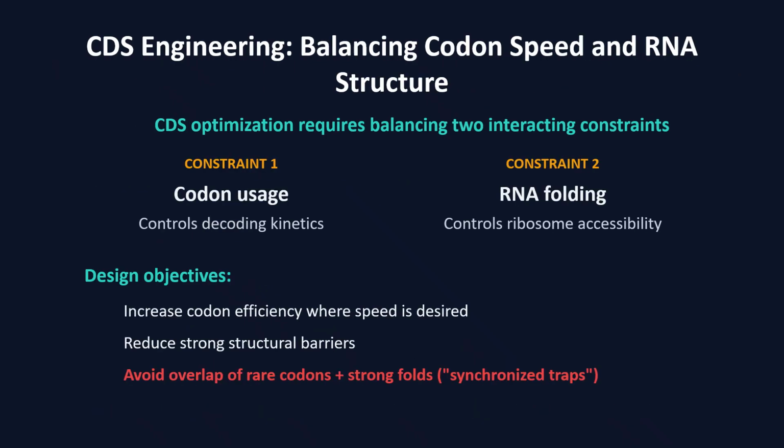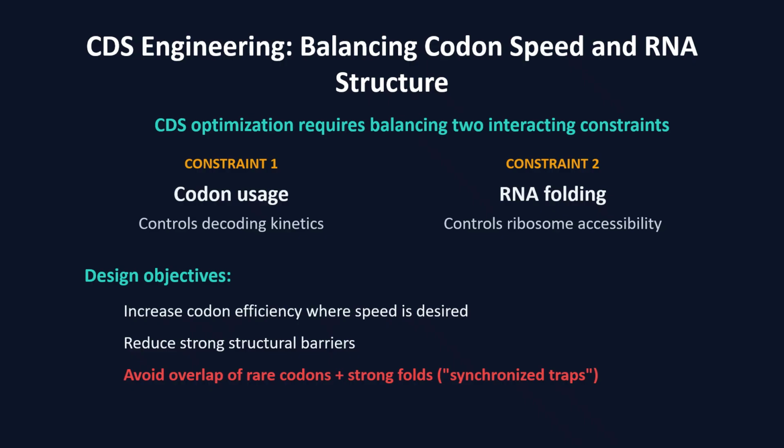Okay, a little bit more on coding sequence engineering. When we design a coding sequence, we are solving two constraints. One constraint is biochemical: how quickly tRNAs decode codons. The other is physical: whether the ribosome can actually move through the RNA. Either one can slow translation, right?